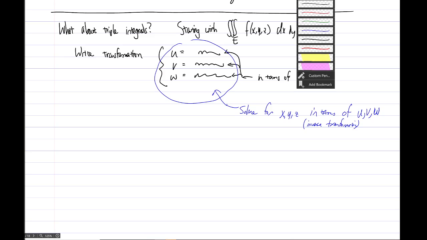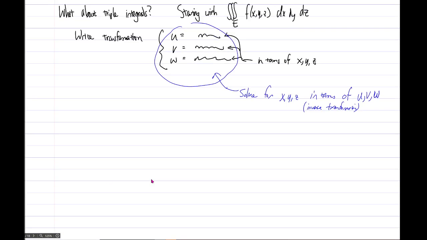Then, hopefully not too surprising, that we'll have to write out a Jacobian. It's just going to be a little messier. So the partial derivative of x, y, z with respect to variables u, v, w, it's a 3 by 3 determinant that looks something like this now.